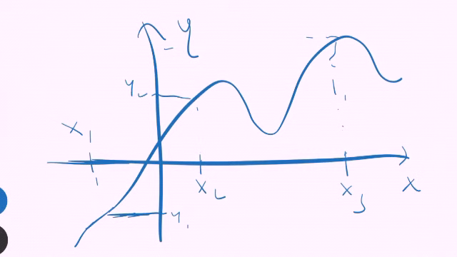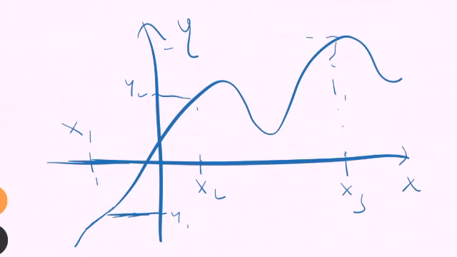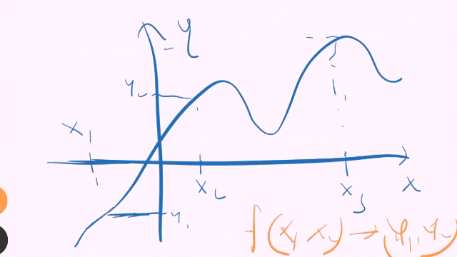So if we have a question like this, f from x1 to x2, to y1 to y2, and it asks whether the function is 1-1 or not for this part.